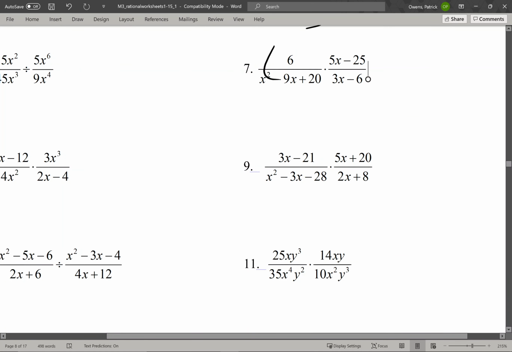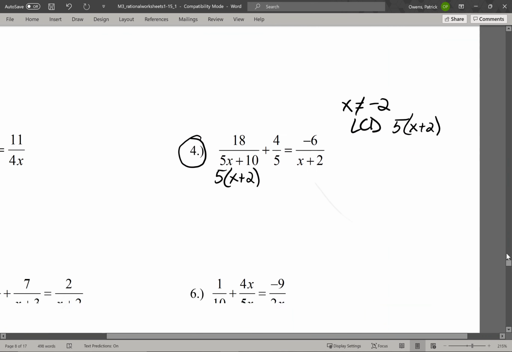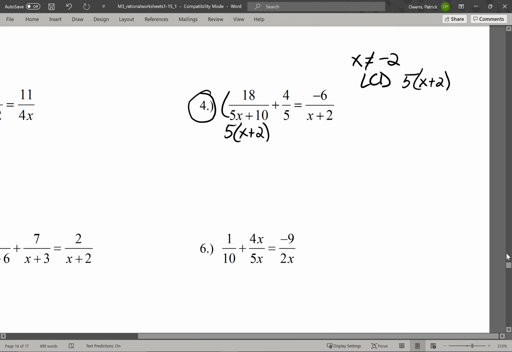Okay, we transport back to where we were. We multiply both sides of this equation by your least common denominator. And what you should do here is not multiply this out.